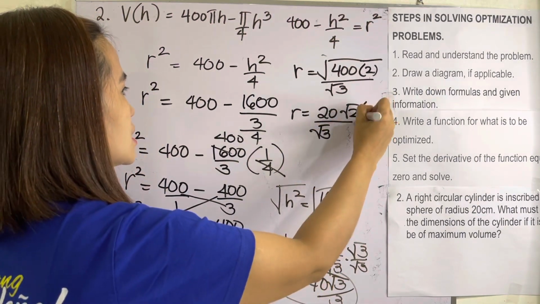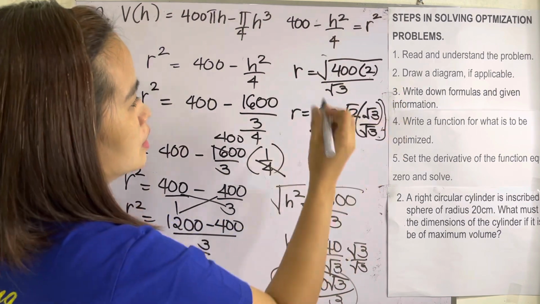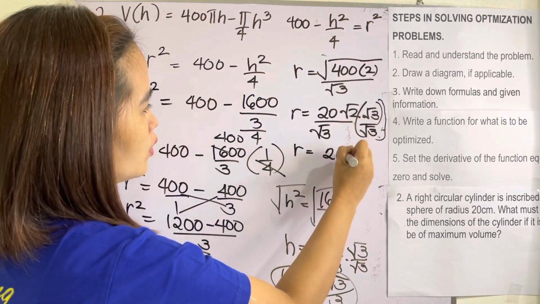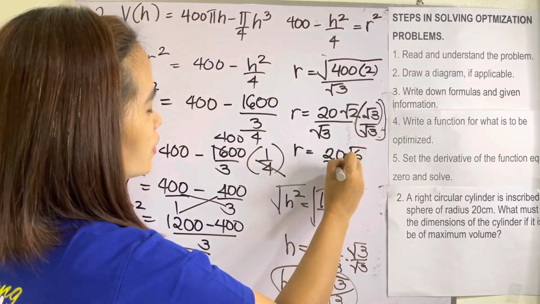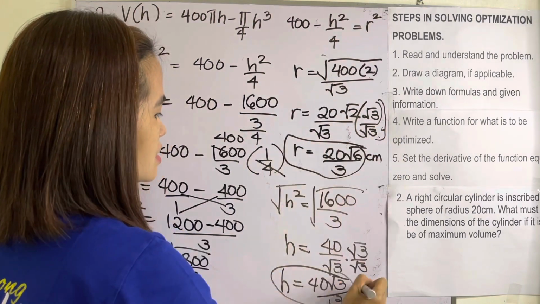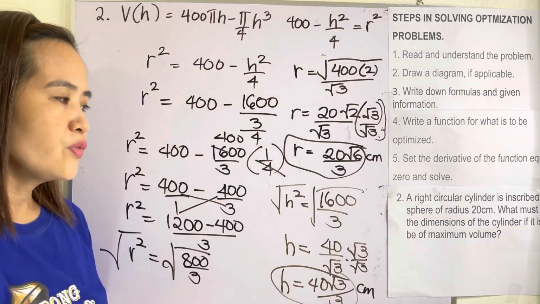So rationalizing it, we have square root of 3, square root of 3. So r now is equal to 20 square root of 6 over 3. So this one is our r. This is, of course, in cm. And this one is our h, 40 square root of 3 over 3.